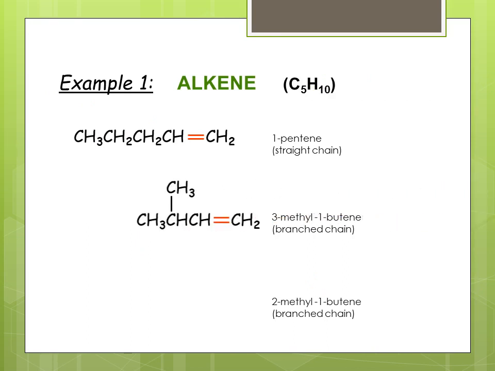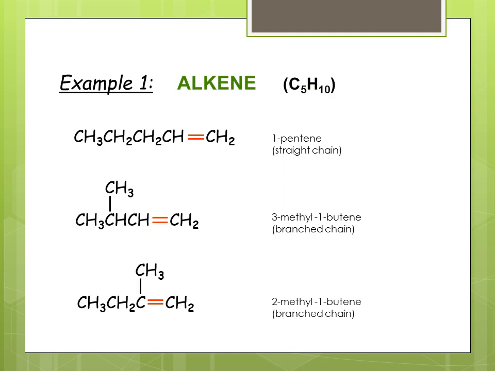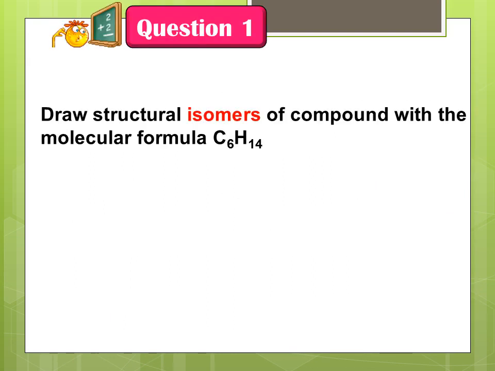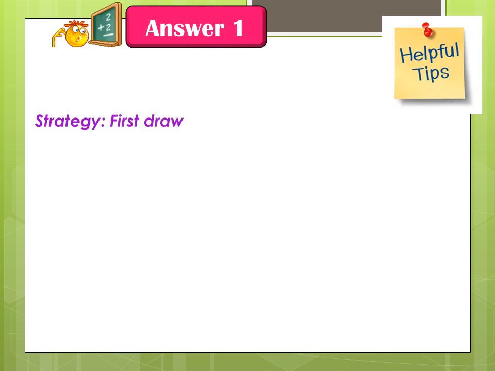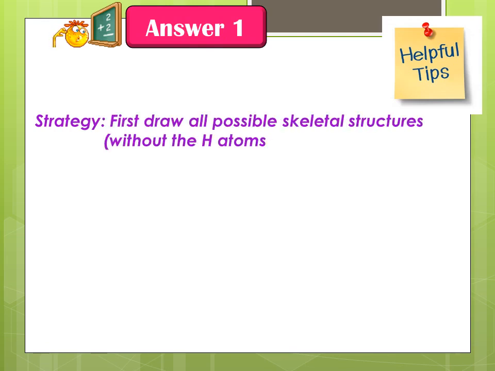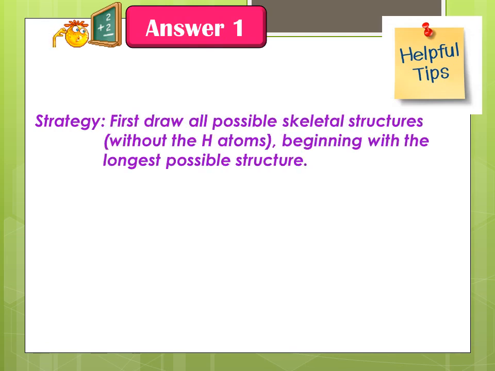Example 1. The chain isomers are alkenes with the formula C5H10. Question 1. Draw structural isomers of compounds with the molecular formula C6H14. Strategy: first, draw all possible skeletal structures without the H atoms, beginning with the longest possible structure.